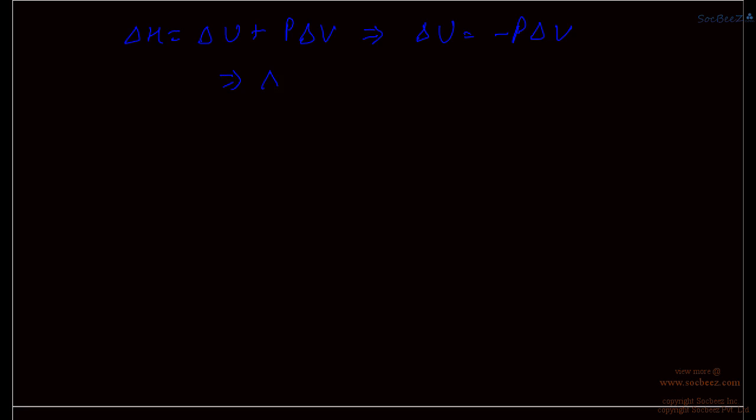So from here we can say that delta U equals minus 100 bar into delta V, since delta V is 1 milliliter.